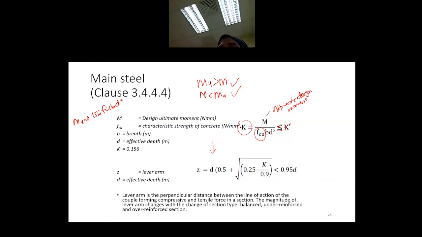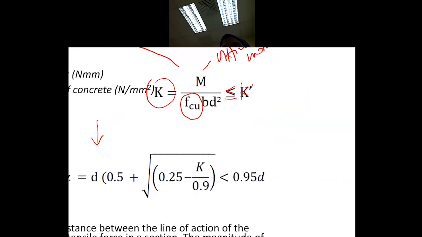Okay, so sebenarnya, this formula dia boleh turn jadi macam formula ini, kalau dia sampai reach the K prime. K prime ni K maximum lah, which is 0.156 ni. Okay, so, M ni I leave it there.